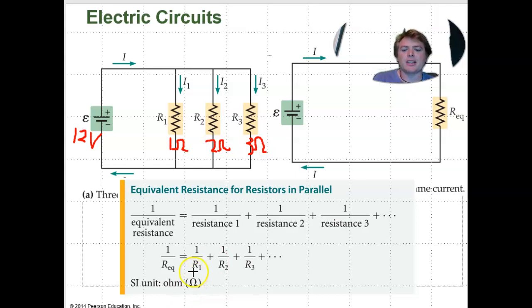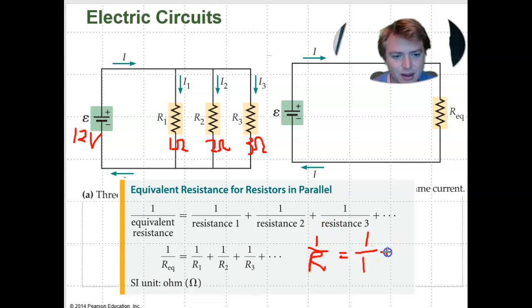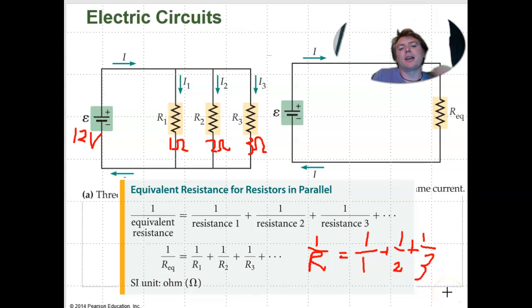Now, according to this equation, 1 over the equivalent resistance is equal to 1 over 1 plus 1 over 2 plus 1 over 3. So that means we say 1 over R is equal to 1 over 1 plus 1 over 2 plus 1 over 3. Now, if I'm using a calculator, I can just add these fractions together, but always remember to invert them at the end.